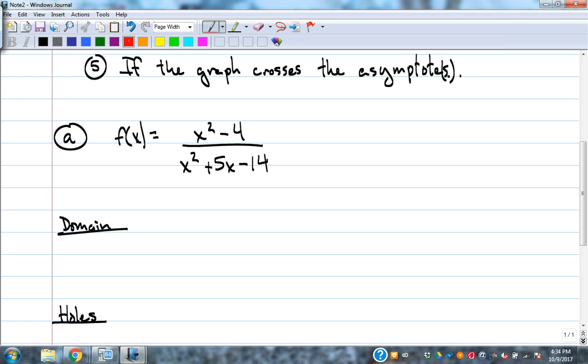What if it won't factor? How do we still get the domain? This one will factor, but what if it won't? And it's quadratic. What can you do? Quadratic formula works great.